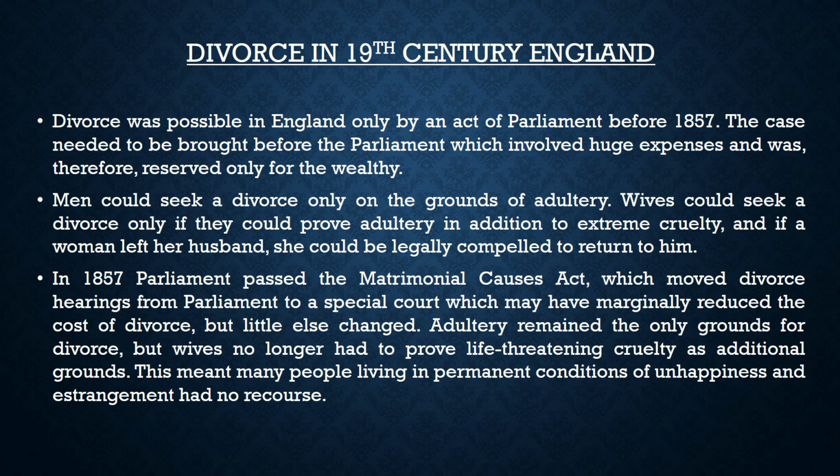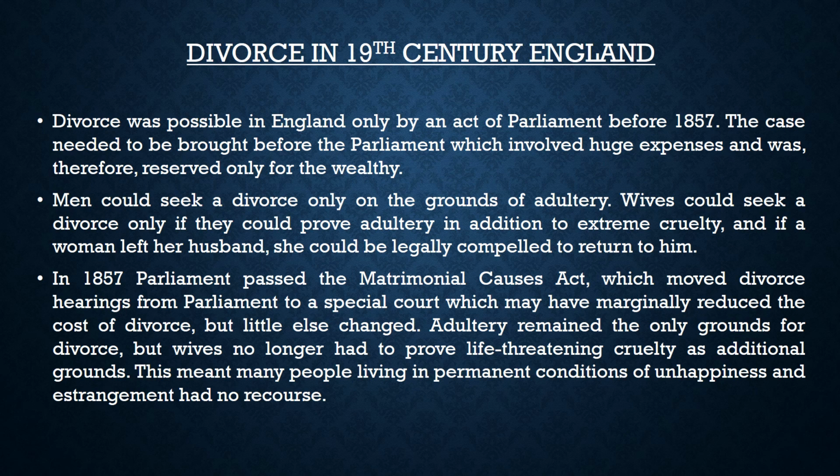Adultery seemed to remain the only ground for seeking divorce. And wives did not even need to prove life-threatening cruelty as additional grounds. If they could prove that their husband was involved in an adulterous relationship, then they could easily get a divorce. This meant that many people living in permanent conditions of unhappiness and estrangement had no recourse.